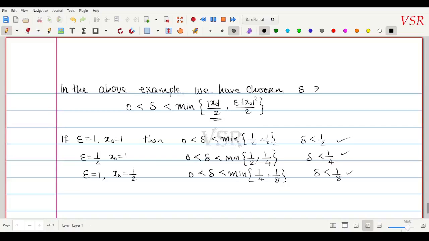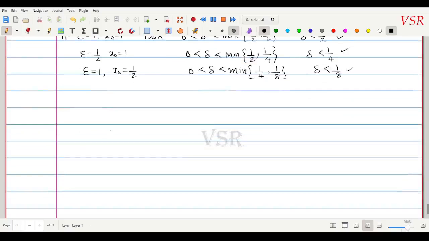Okay, delta changes with epsilon and x naught, that is, this positive delta completely depends on both x naught and epsilon.